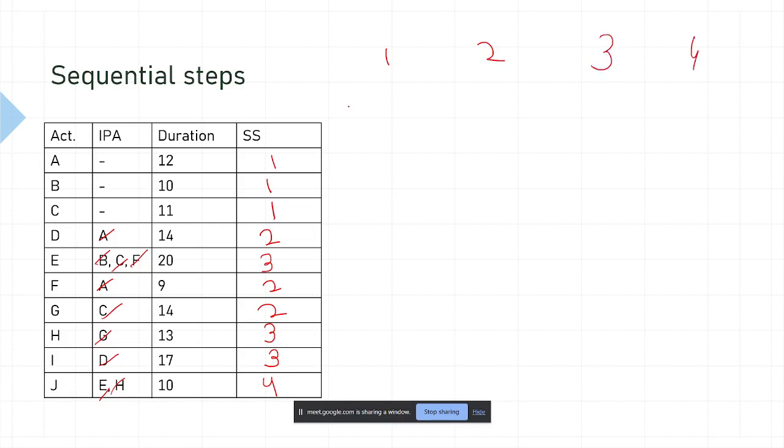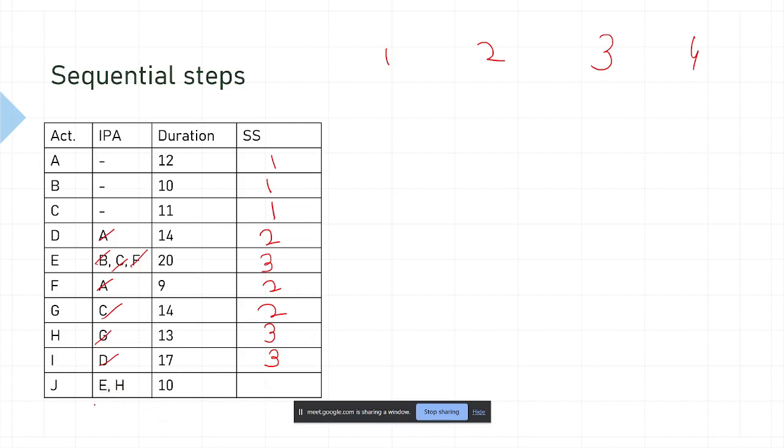One question, sir. In IPA, we have 2 IPAs. For one SS is 2 and for one SS is 3. What will we do for that, sir? Like we have activity K after J, and the IPAs are C and D, 2 and 3. In that case, what will be the SS for K?